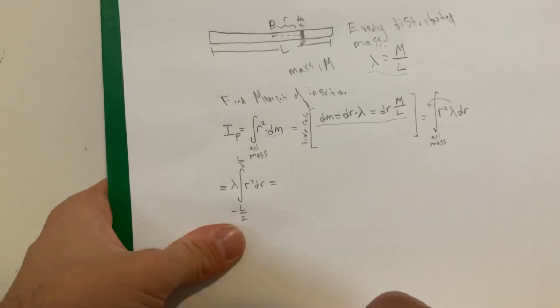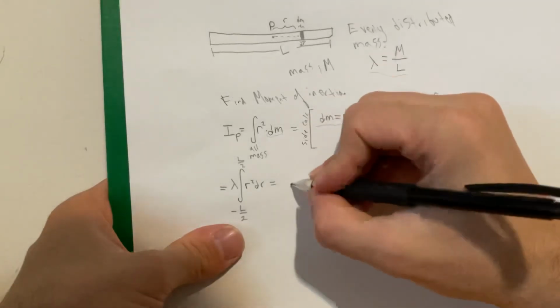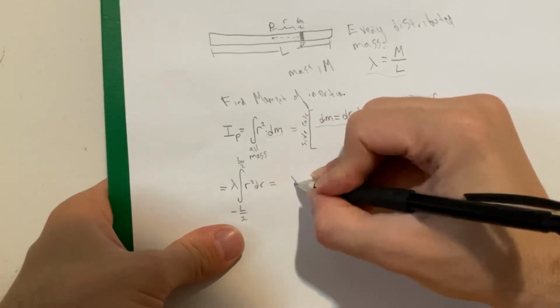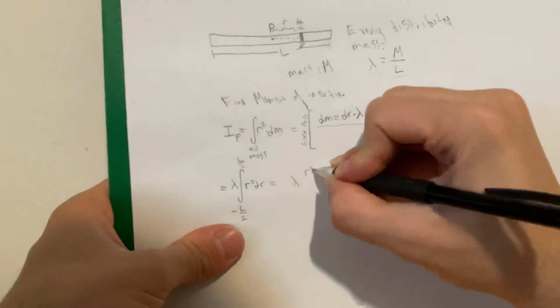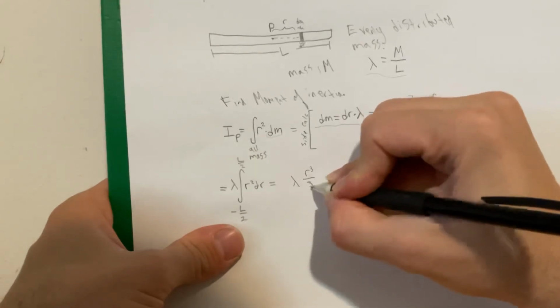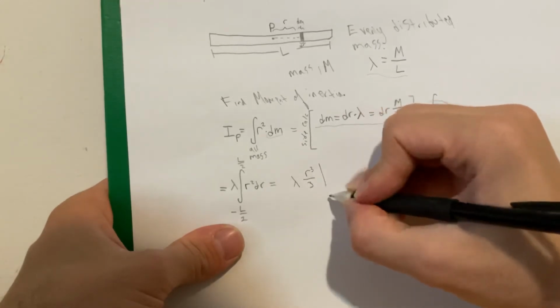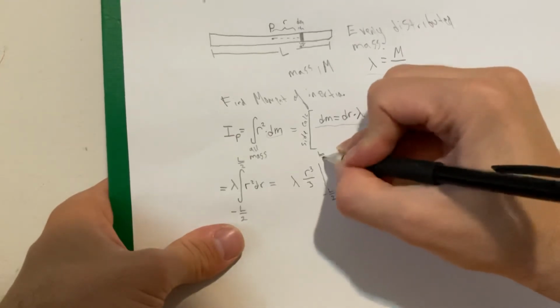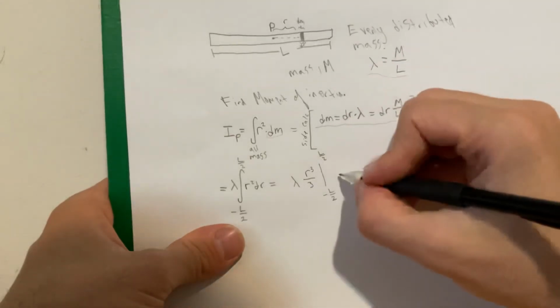Okay. Now we just do the integral. It's an integral over r squared, so that turns into r to the third over 3, from minus L over 2 all the way to L over 2. We can plug this in.